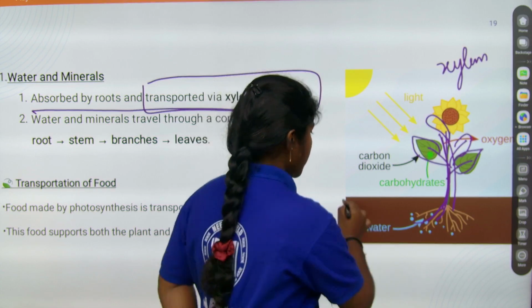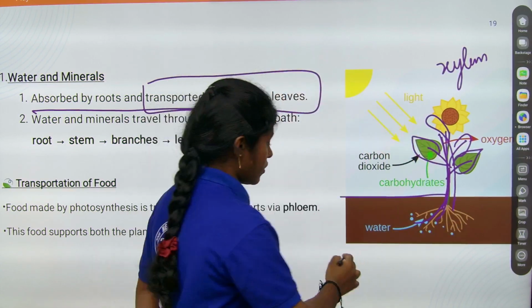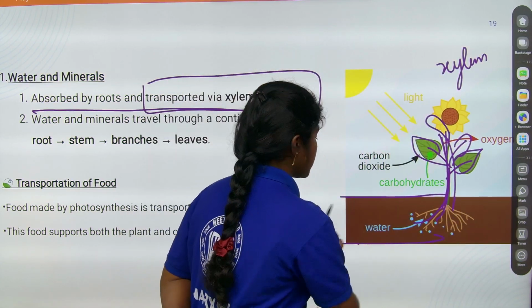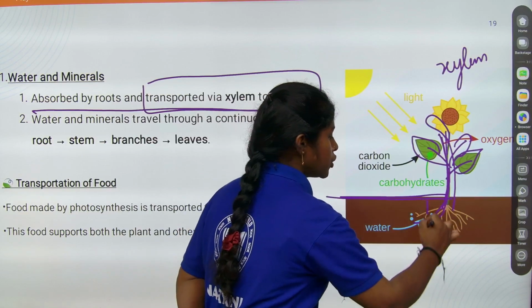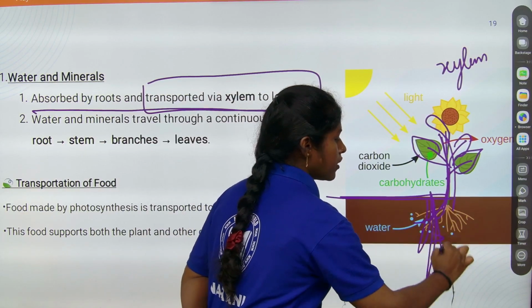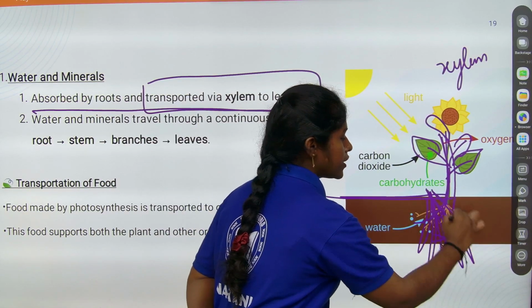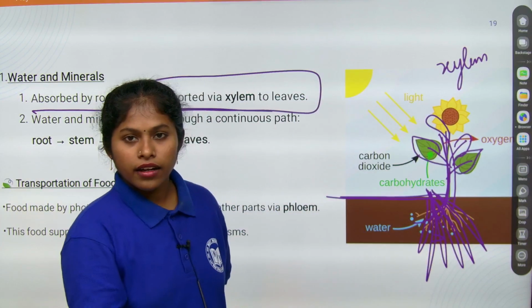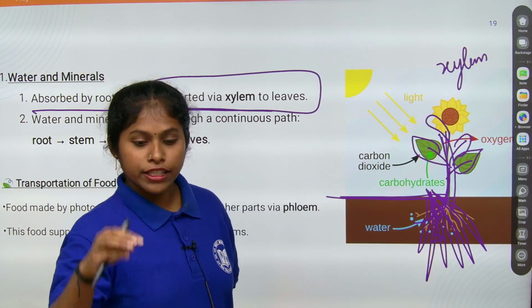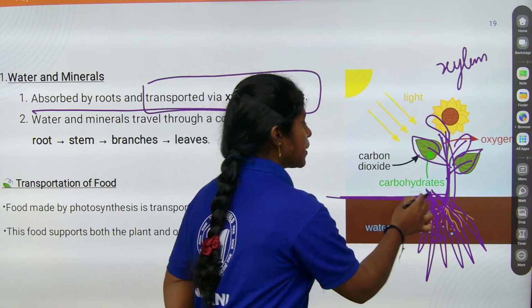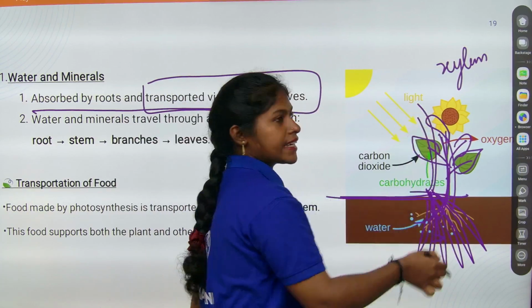What is meant by that? See, if the growth is happening towards the soil, it is not against the gravity, it is towards the gravity. But the plant is rising against the gravity, right children?